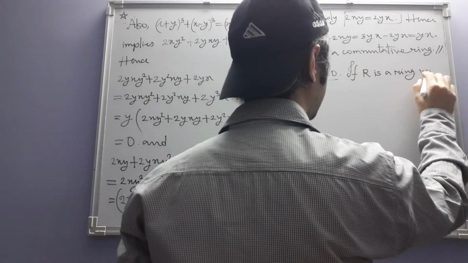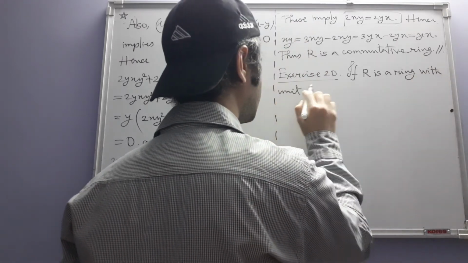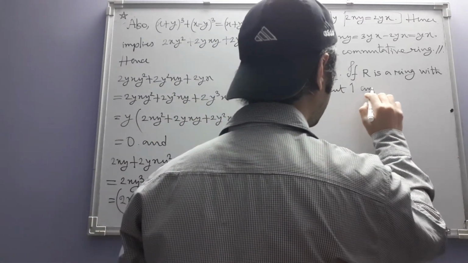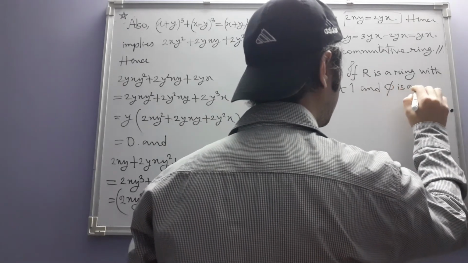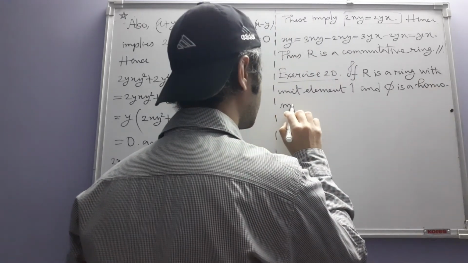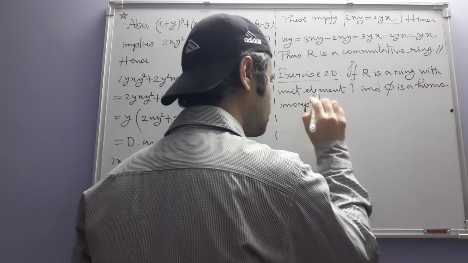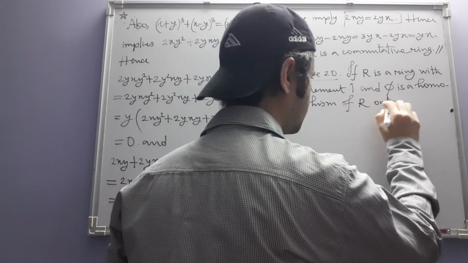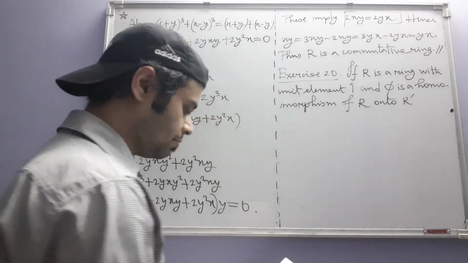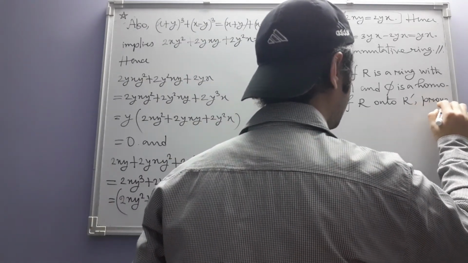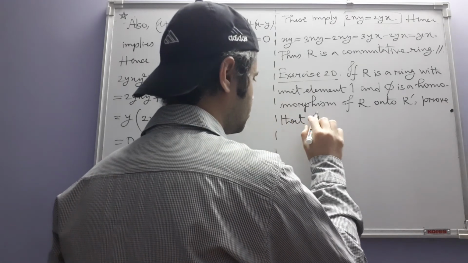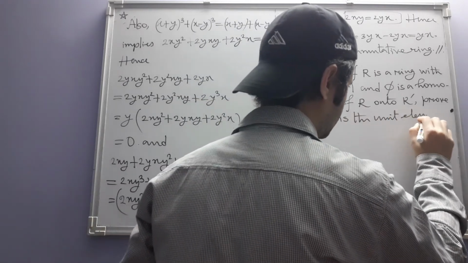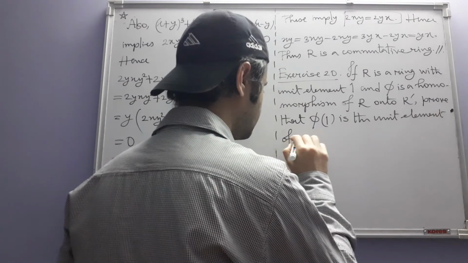If R is a ring with unit element 1 and phi is a homomorphism of R onto R prime, prove that phi of 1 is the unit element of R prime.